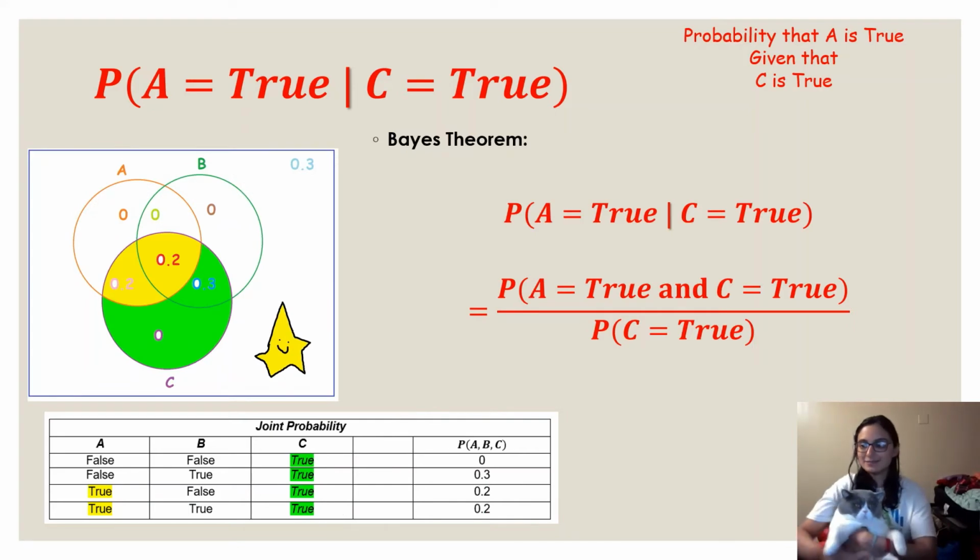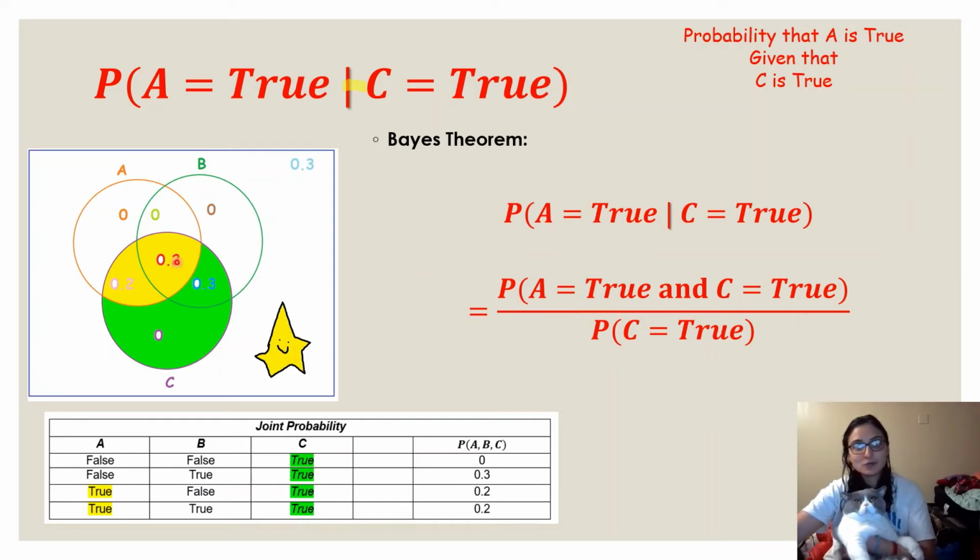So basically, based on Bayes' theorem, what we can see is the probability that A is true given that C is true. The given part is just this part here. So the probability that A is true given that C is true is just P(A equals true and C equals true) divided by the probability that C is true.